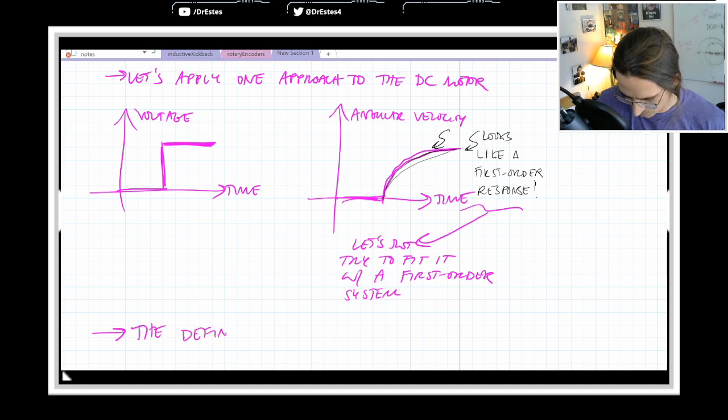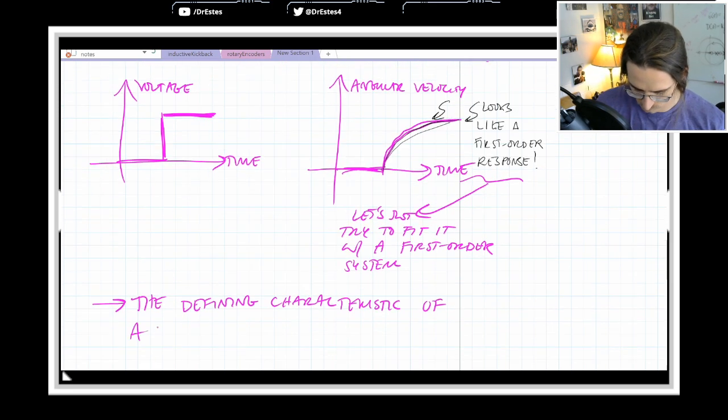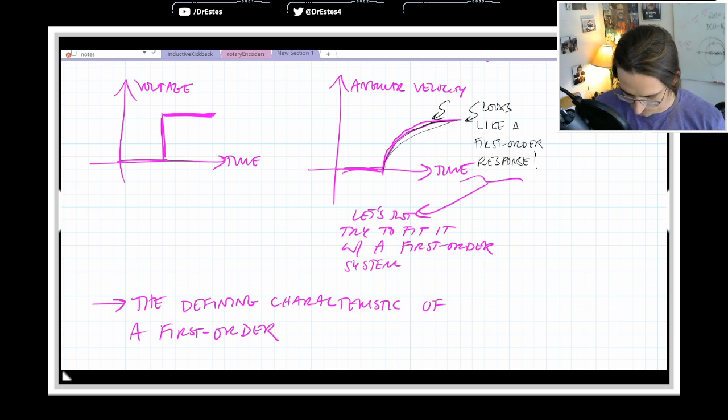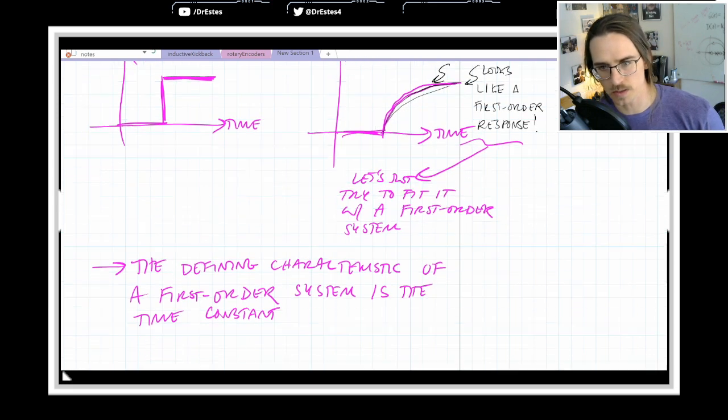The defining characteristic of a first order response is the time constant. Does anybody remember the definition of the time constant? I want to show you a way to get the time constant.